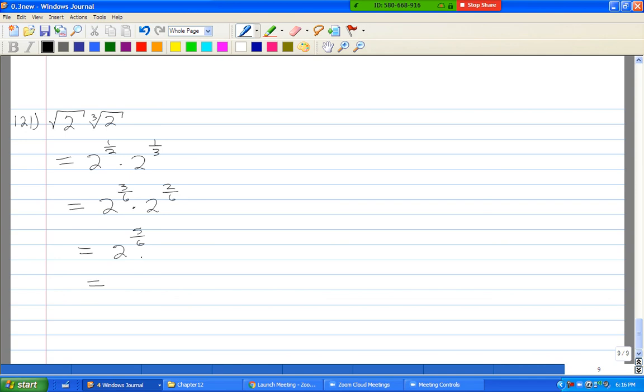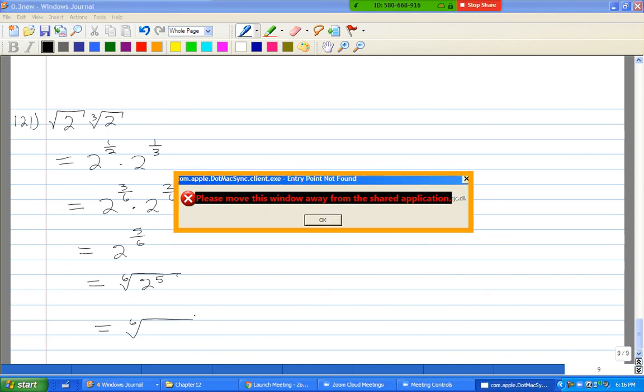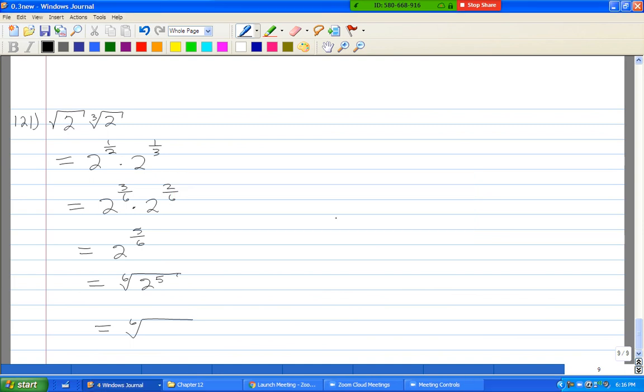This is just the 6th root of 2 to the 5th. Well, 2 to the 5th is 2, 4, 8, 16, 32. And so the square root of 2 times the cube root of 2 is the 6th root of 32.